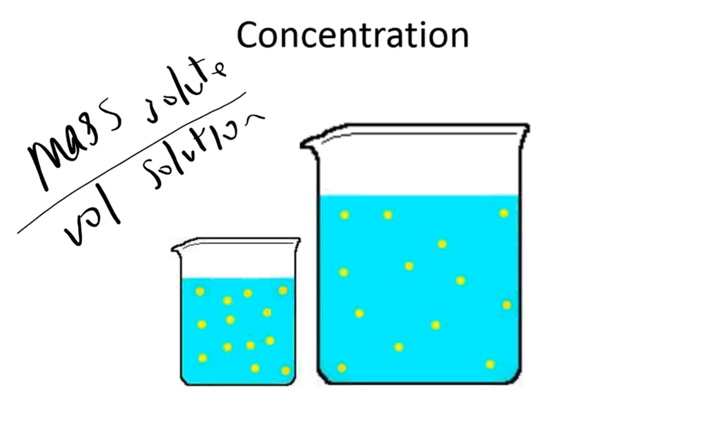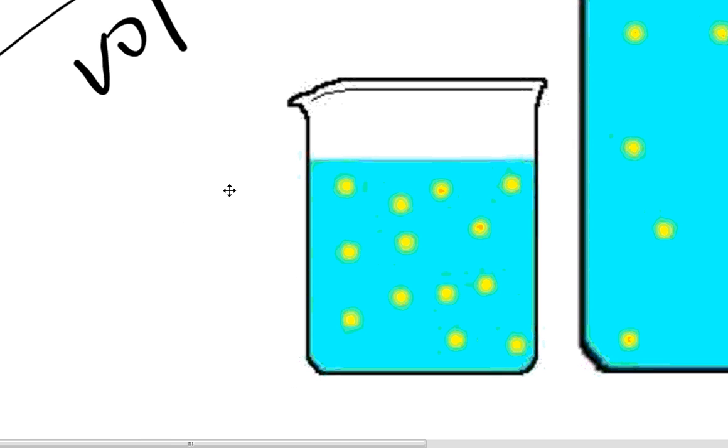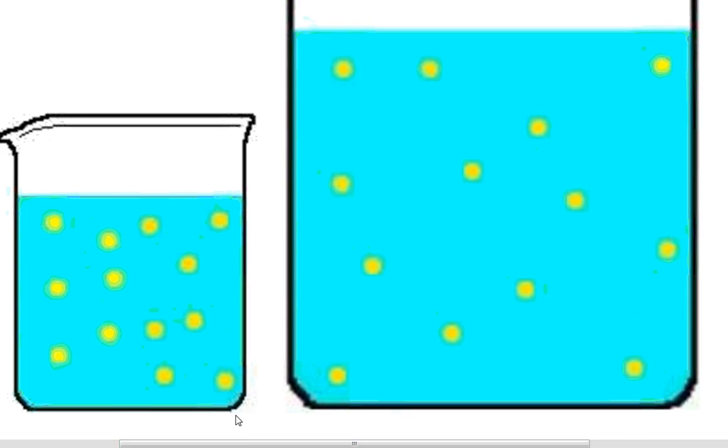If you look at these two beakers, they're full of some sort of yellow dots, and they both have the same amount of yellow dots in the beaker. The difference is the one on the left is much more concentrated. Why is that? Because the one on the left has the same amount of solute but a much smaller volume, and so the concentration would go up.